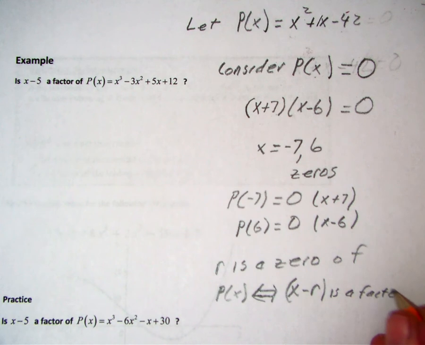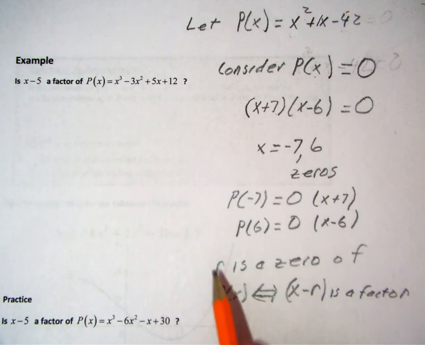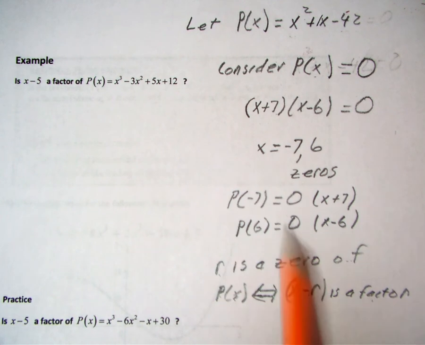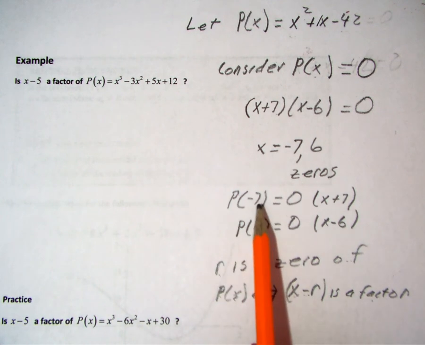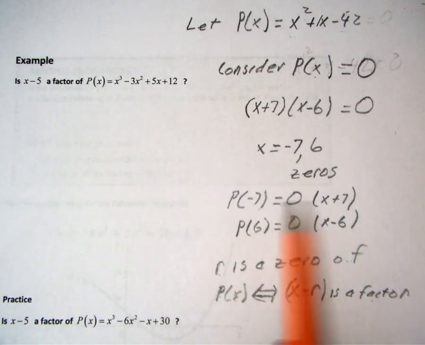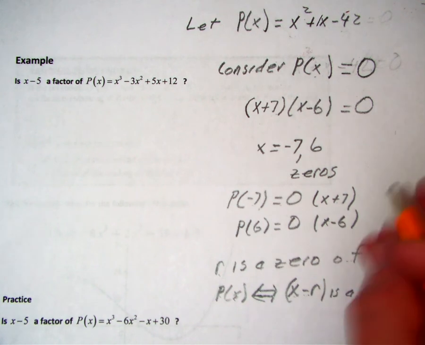Now, again, we've already talked about this. We just haven't talked about it this way, really. So make sure this makes some sense to you. r is a zero of this polynomial if and only if x - r is a factor. And that's exactly what this says concretely. You see, negative 7 is a zero if and only if x + 7 is a factor.